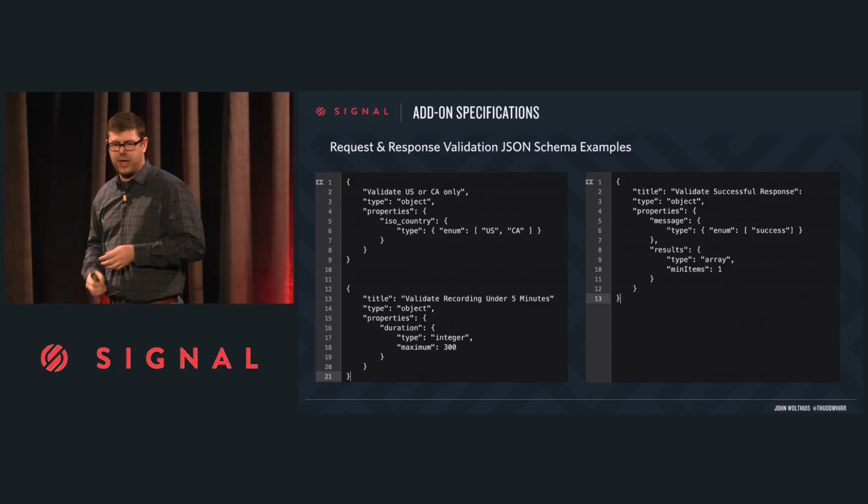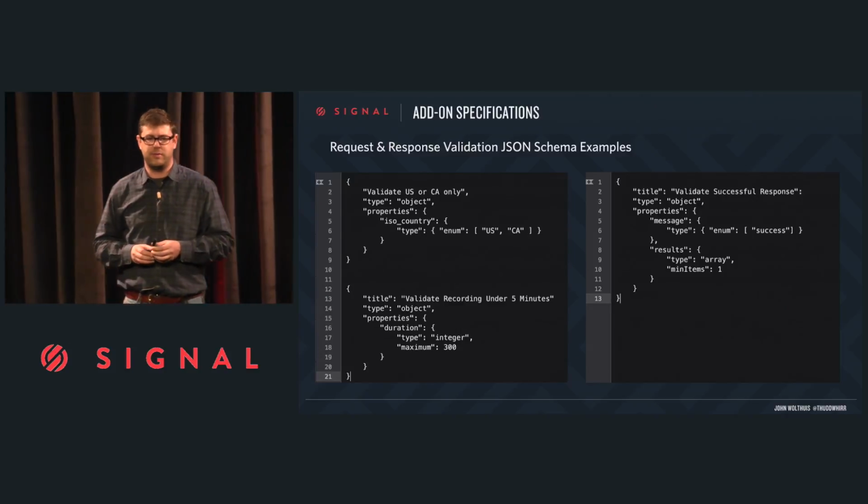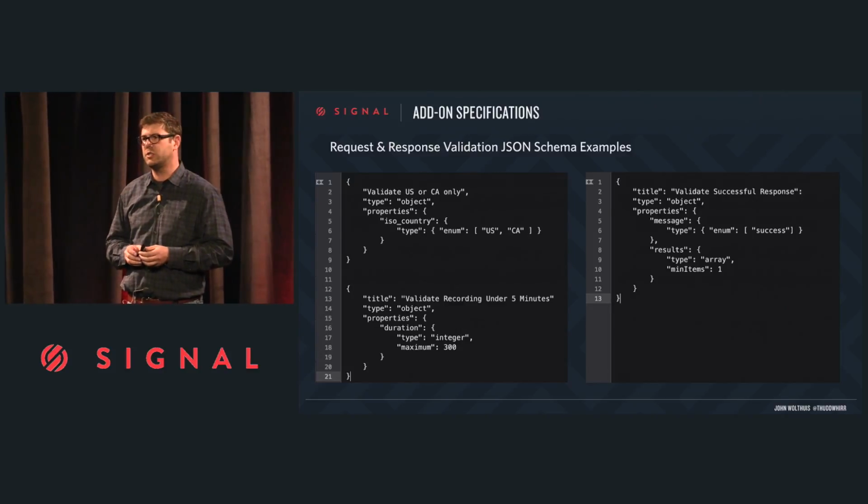The second thing that we have to do when we're setting up an add-on is specify the request and response validation. Request validation is basically, did you get enough information to make the request to your service, or are there any special restrictions your service has that are required before you can do a query?